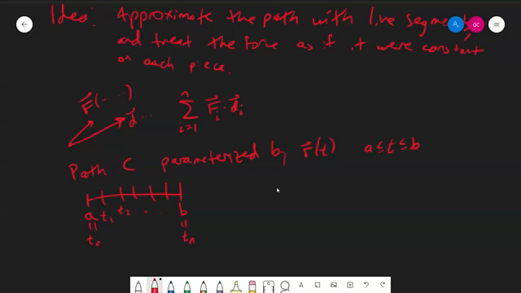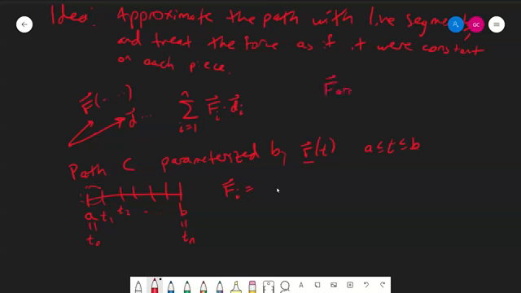And so what we're going to do is then, for the force, well, basically, say, if you wanted to find the first piece, F sub 1, what you would do is look at this first interval from t0 to t1. You'd plug some value in there into the parameterization r, and that gives you a point, and then you would measure the force at that point. So remember, we have that F is really given by a vector field, right?